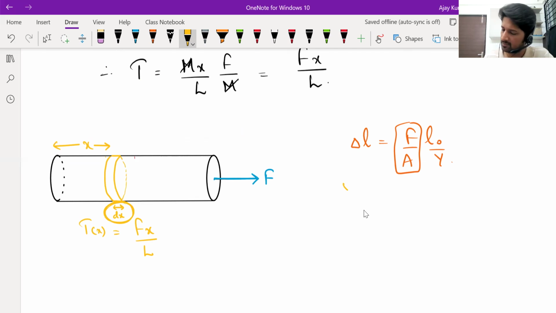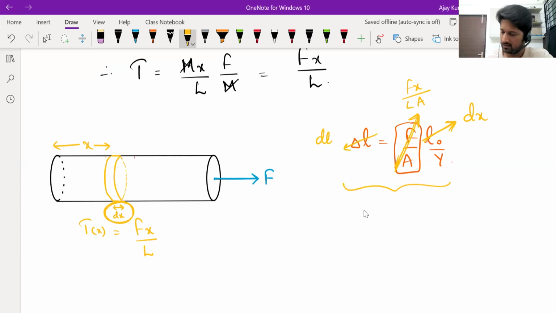So let us apply this formula. The length to which we are applying this formula is dx. The stress on the element to which we are applying this formula, force is Fx by L, area is A. So the stress is Fx by LA. So we got stress, we got original length. With that, we can tell what is the elongation in that one small element.